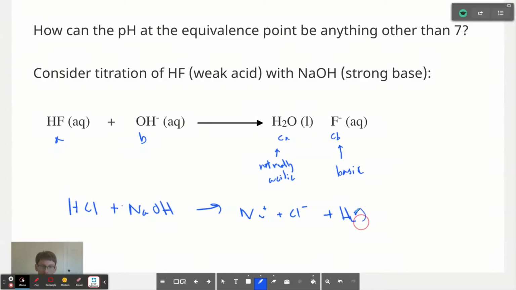We can say that water is not acidic. Sodium ions are also really not acidic at all. And chloride ions are really not basic. So we have nothing here on the product side to really push our pH higher or lower than 7. Again, it's only in the case that we have this fluoride here being a little bit basic that we do get a pH at the end point of the titration that is a little bit off of 7.